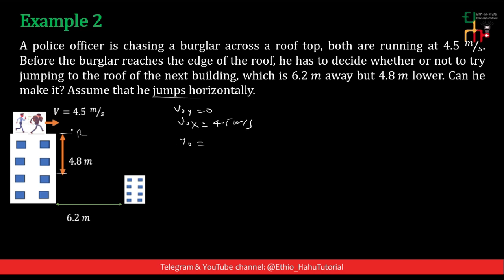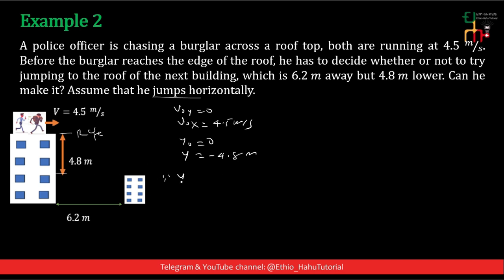If we take this as a reference point, y naught is 0 because the displacement of the burglar from the reference point along the y direction is 0. Y final is minus 4.8 meter because the burglar moves 4.8 meter down to the next floor.